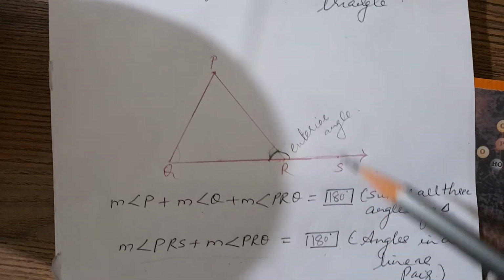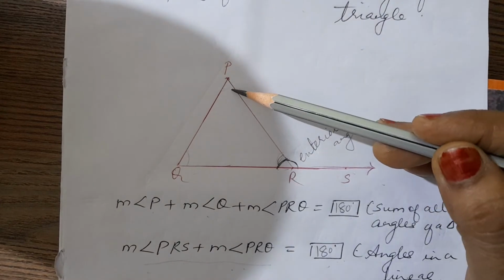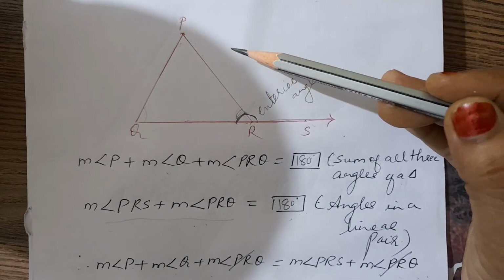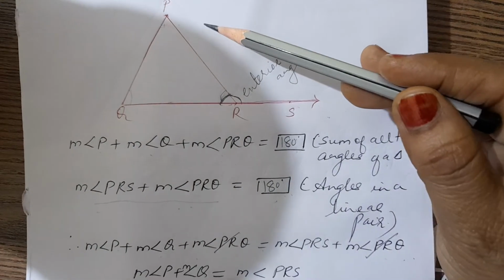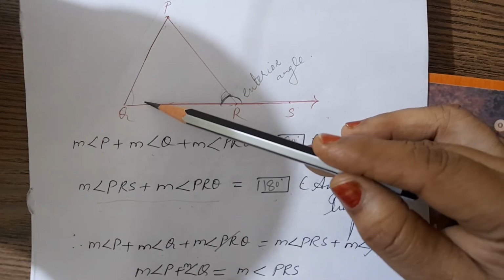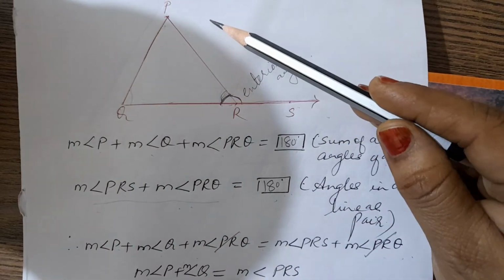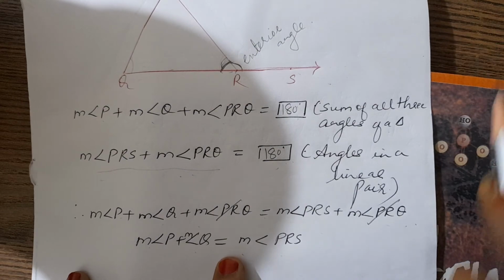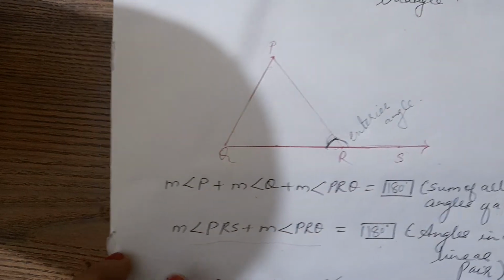That means here you can see what we are concluding: measure angle P plus measure angle Q is equal to measure angle PRS. Correct?